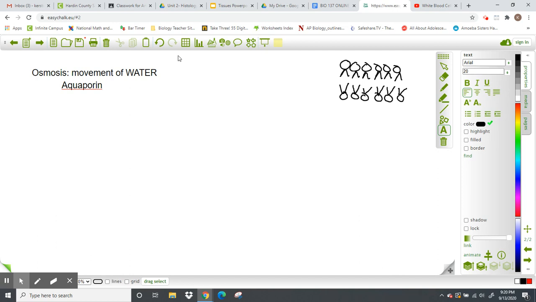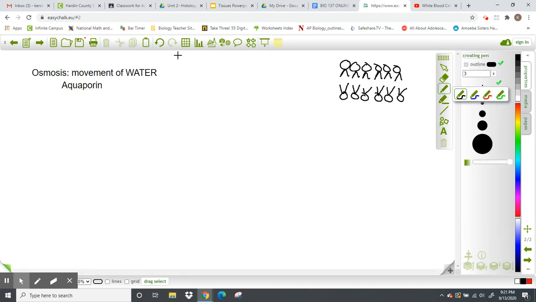Now, when water moves, it actually is going to move essentially in the opposite direction that we talked about in diffusion. Water is going to move from, we call it a high solute concentration. The solute is going to be the molecules that are dissolved in the water.